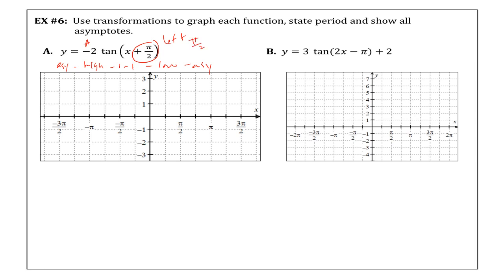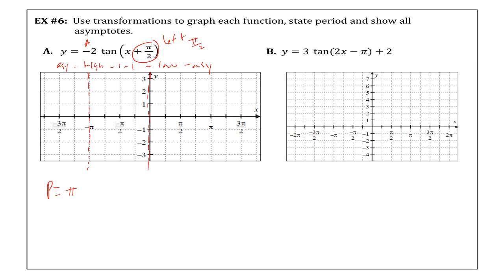So we're shifting everything to the left pi over 2. Remember, our parent function normally is at negative pi over 2. So now we have an asymptote at pi over 2. Okay, there's no b, so our period is still going to equal 1 pi. So from negative pi to 0 is 1 cycle.